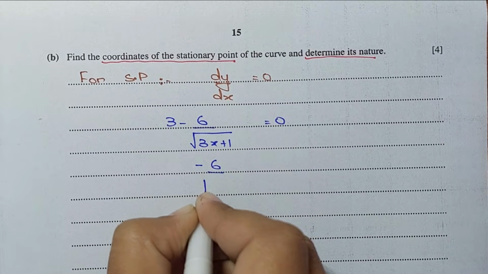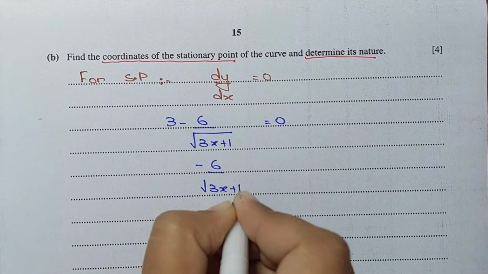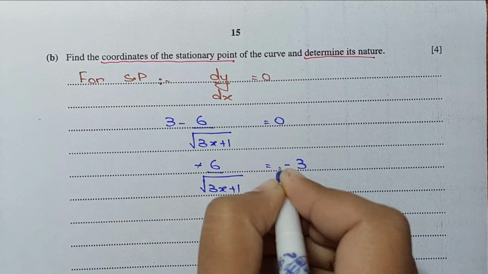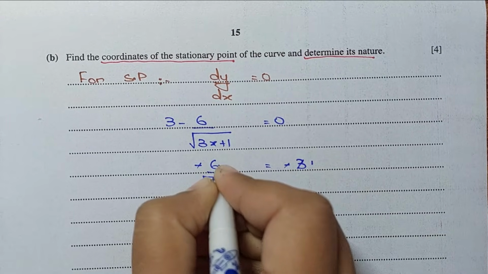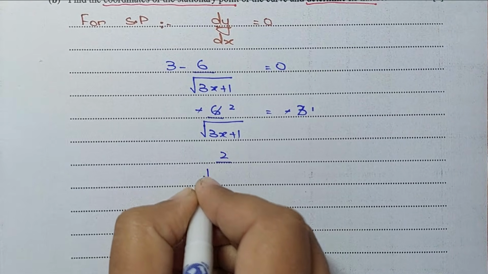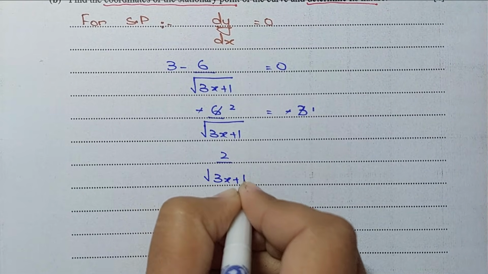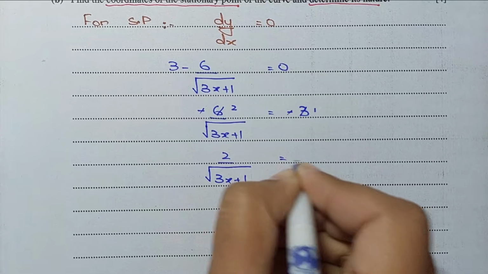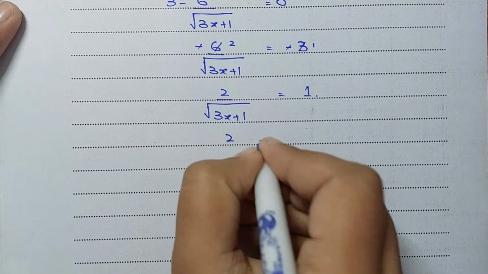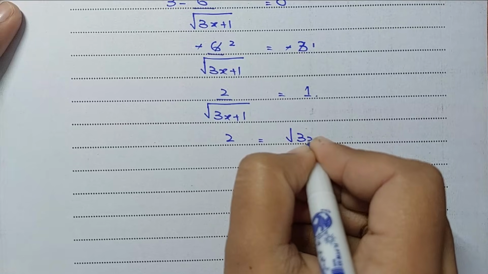Negative 6 divided by root 3x plus 1 should be equal to negative 3. Negative is cancelled with negative. 3 times 1 is 3, 3 times 2 is 6, right? So 2 over root 3x plus 1 would be equal to 1. Now cross multiply. So 2 would be equal to root of 3x plus 1.